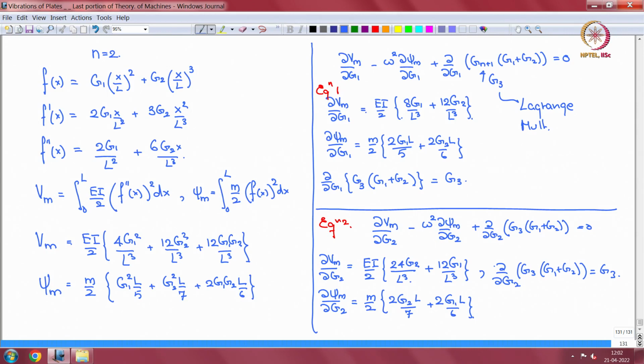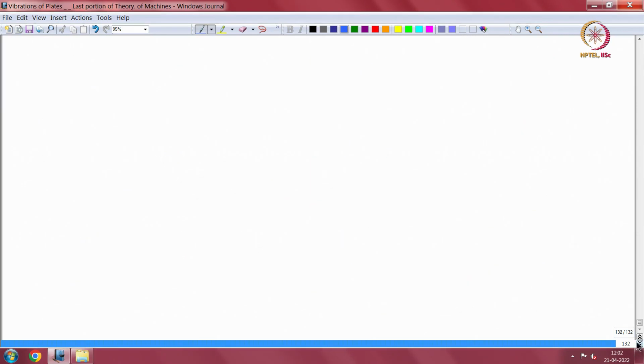Okay, so let us look at the third equation. The equation itself was G3 into G1 plus G2.